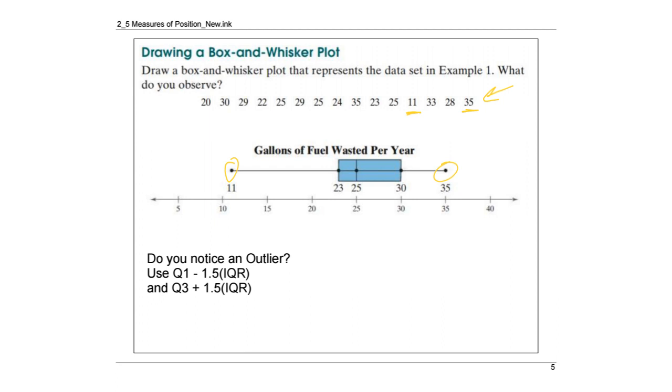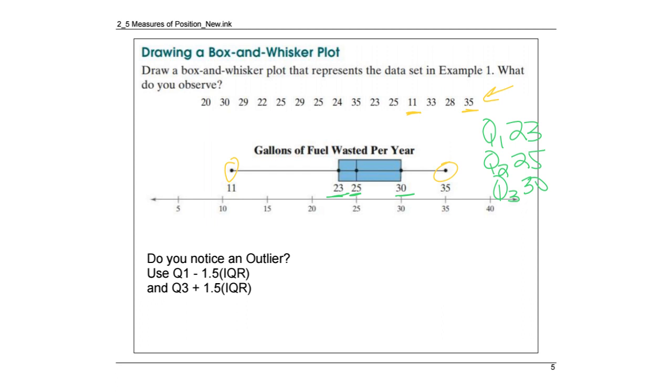And we knew, using StatCrunch, that Q1 was 23, so that's right here. Q2, or the median, was 25, right here. And Q3 was 30, right here. Look how wide a spread there is.